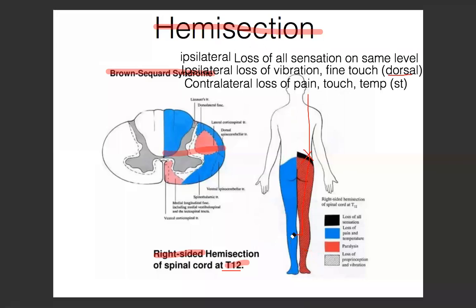So you lose contralateral sensation of pain, touch and temperature. كده كلكم وقعت لكم؟ تمام great.